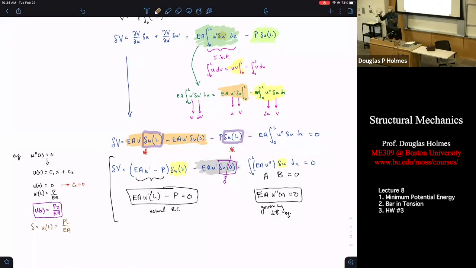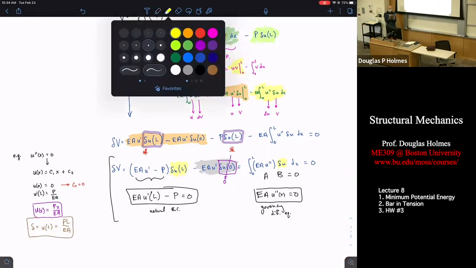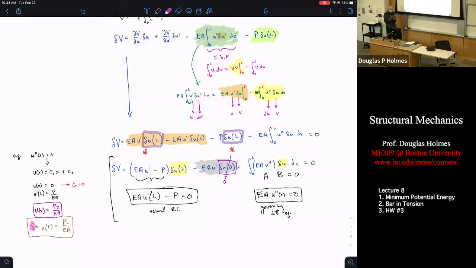Delta equals PL over EA. Maybe this is ringing a bell. I apologize for using delta here. It's not our deltas. This is old delta. This is mechanics of materials delta.